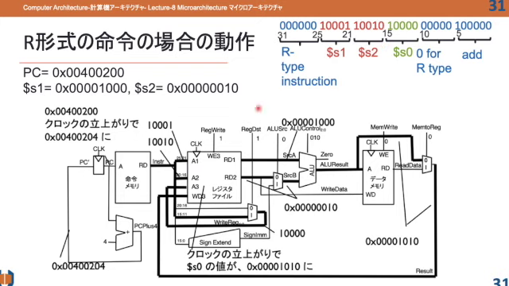So A1 receives the address of S1 and A2 receives S2, and here in RD1 and RD2 we will get the values. In RD1 we get the value of S1, that means 0000100, and in RD2 we get the value 00010.